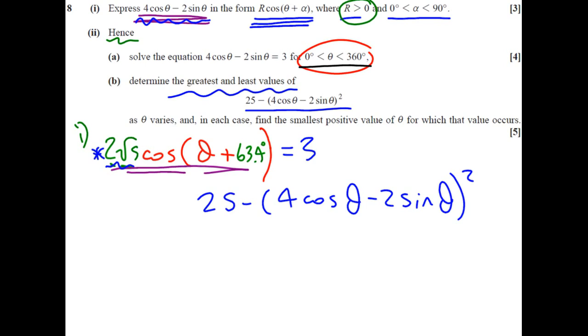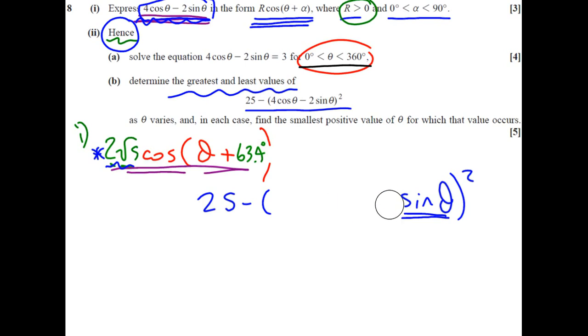Now, it's still under the word hence, so we're still going to be using what we did before. If you spot that this stuff in the middle is the same as what we had before, that means that we can replace all of this by our new stuff. Okay? So I'm going to drag it into that bracket.